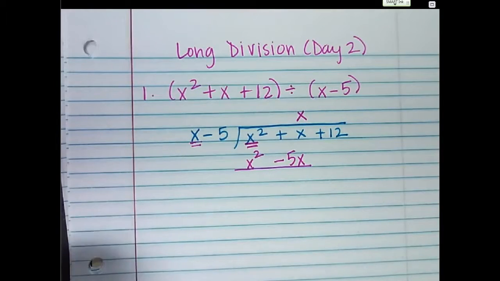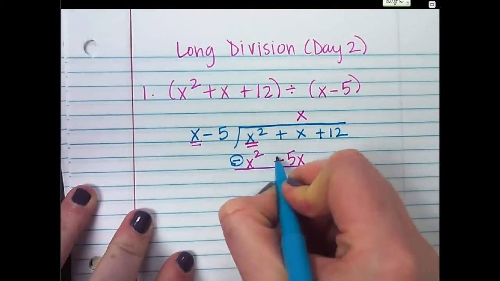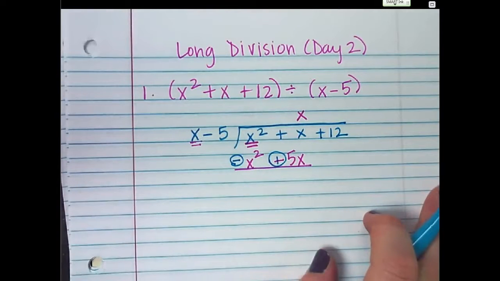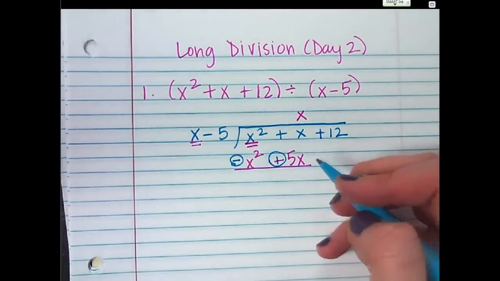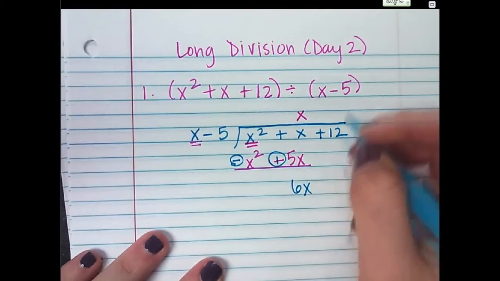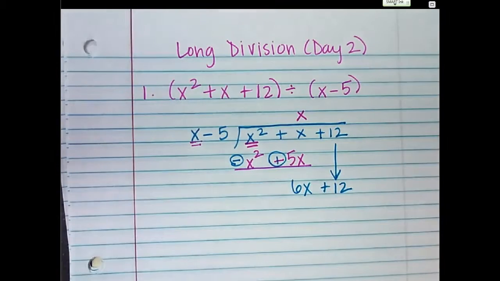What do we do right here? Yes, change your sign. So this becomes a minus, and this becomes a plus. So then add going down this column here. x plus 5x is 6x, and bring down the next term.